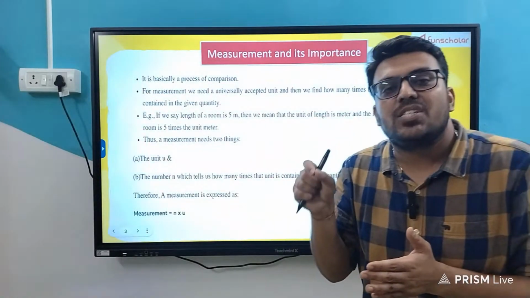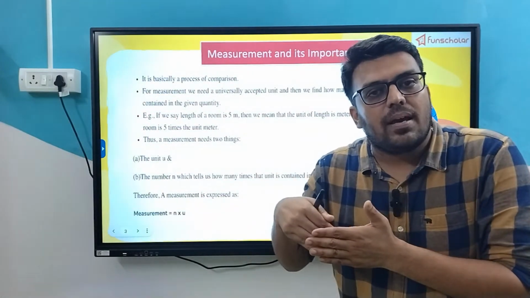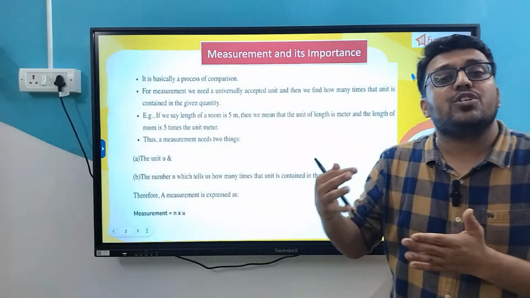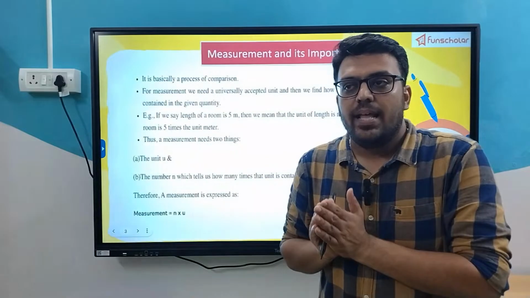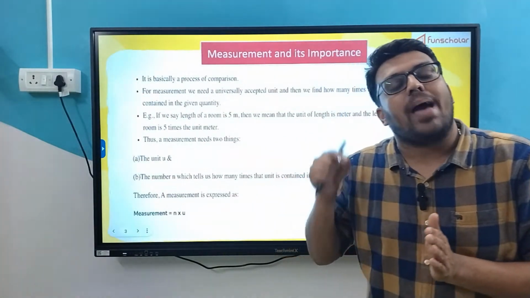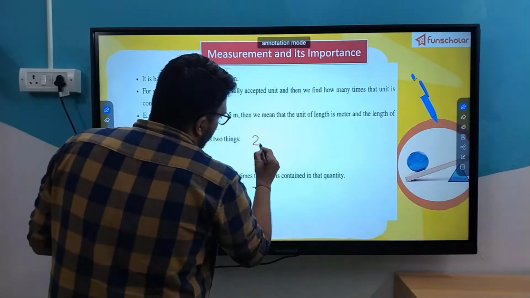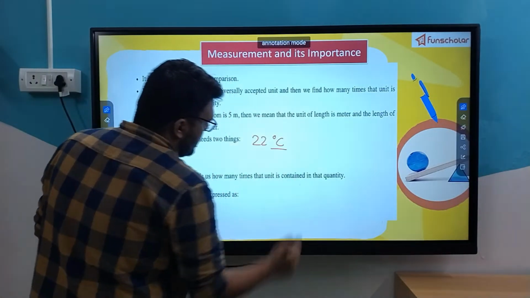And the second is kg, यानी कि mass का unit क्या होगा? kg होगा. Similarly, if I say that the temperature of the room is 22 degrees Celsius, then we are saying that 22 is the magnitude, and I am saying that degree Celsius is the unit.